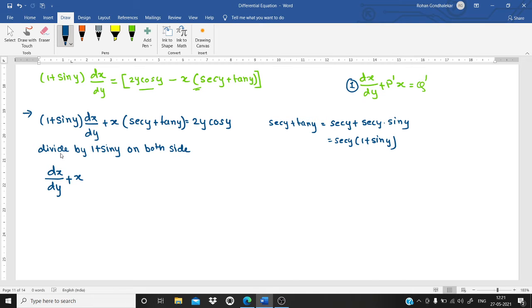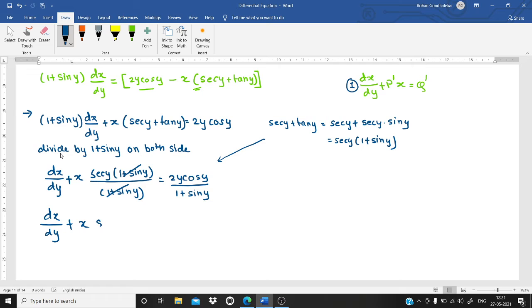So this is sec y (1 + sin y) divided by 1 + sin y, equal to 2y cos y upon 1 + sin y. The 1 + sin y cancels, and this is dx/dy + x sec y = 2y cos y upon 1 + sin y.